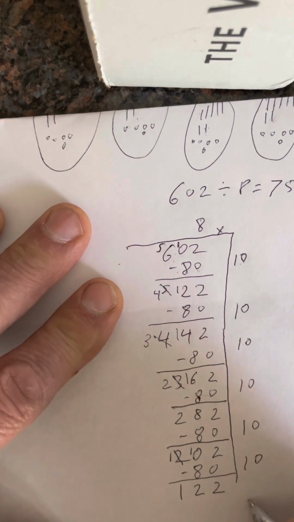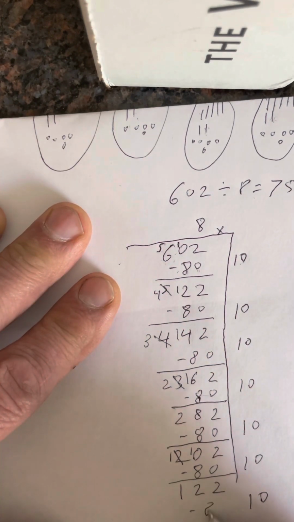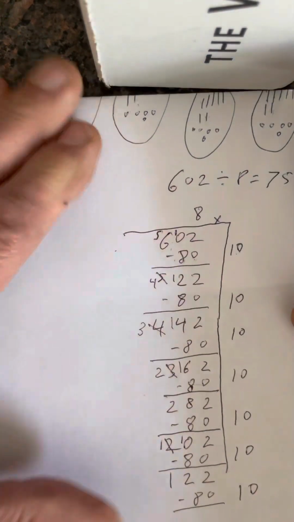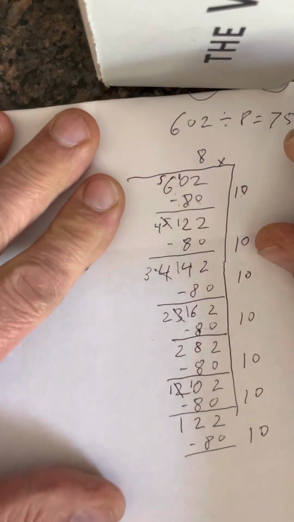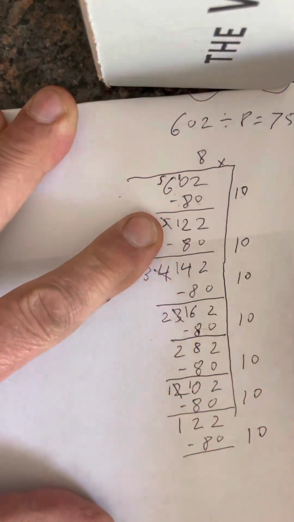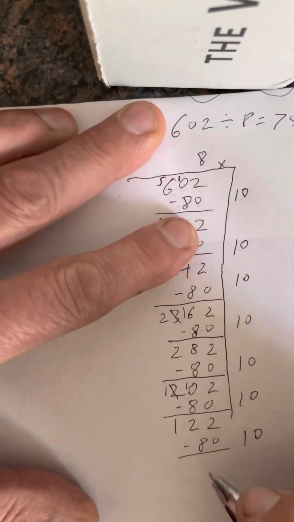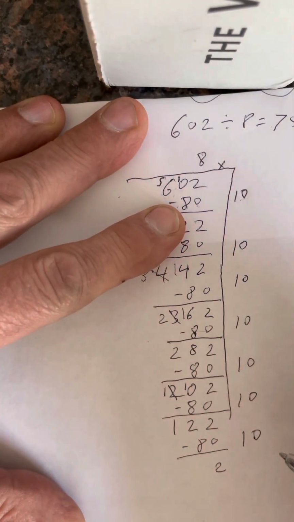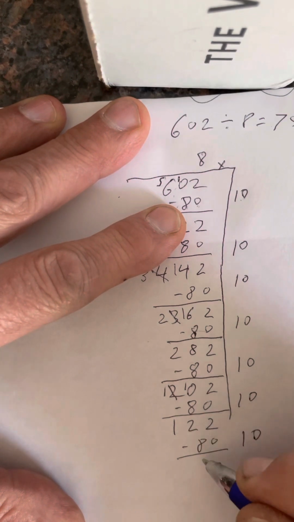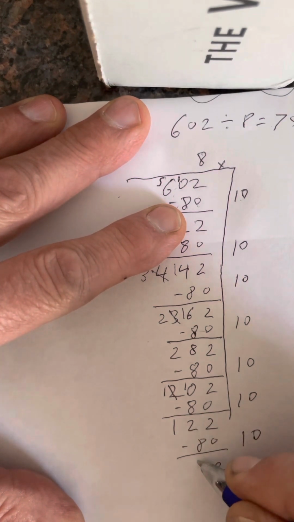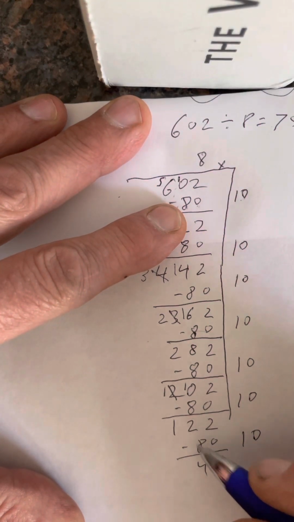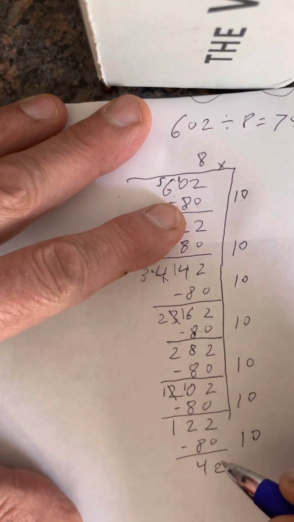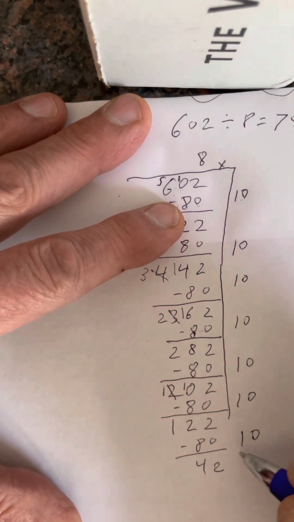Do it again. 10 minus 8. 2. 12 minus 8 is 4. Oh, look at that. We're not going to be able to take 10 away again.